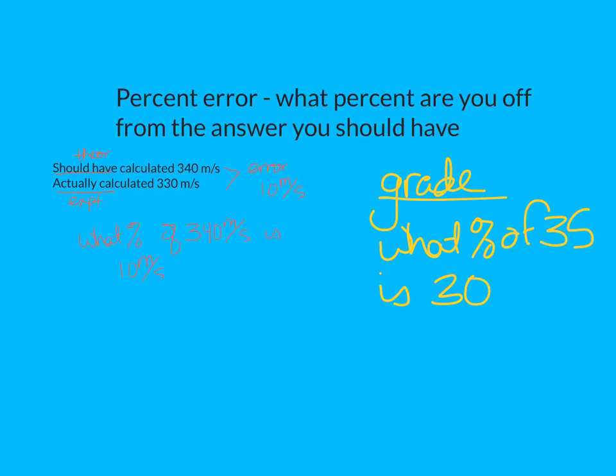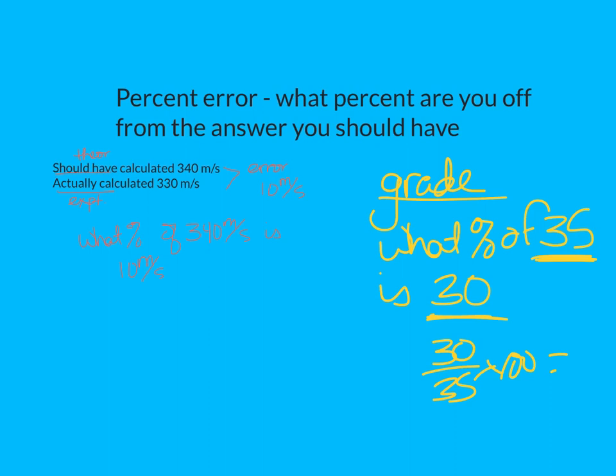Basically, I'm trying to find my grade. There were 35 points possible on the test. That's what I should have gotten. I got 30. Okay, so if I was going to try to find out what percent that is, I would just take 30 and divide by 35 and multiply by 100, and I would get my percent. So it's the same thing, right?